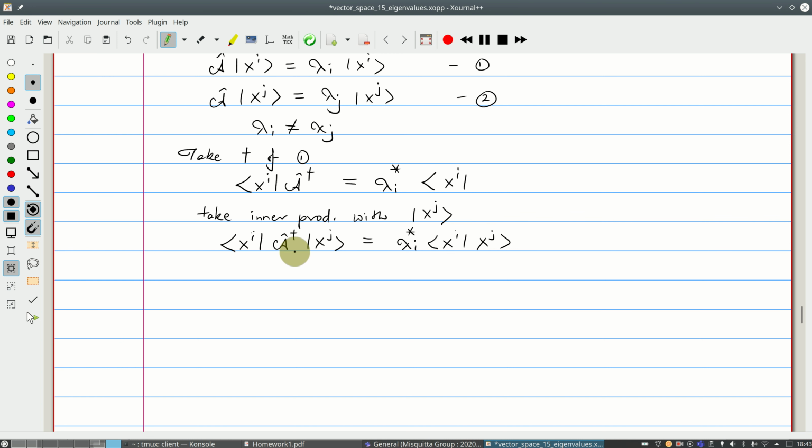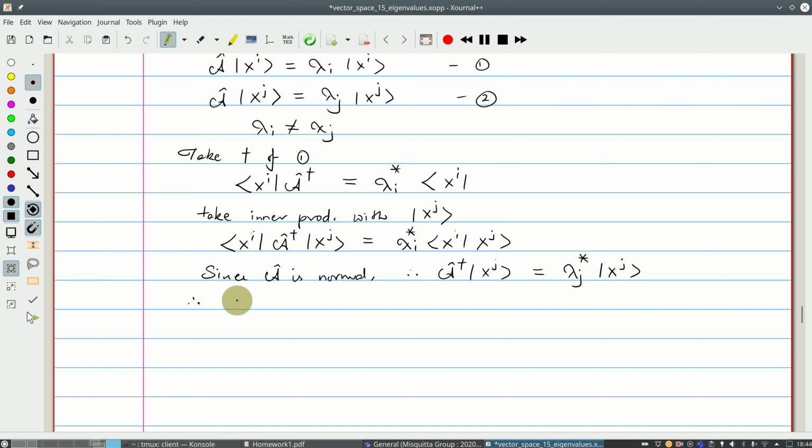Now, A dagger operating on xj: we know that A operating on xj gives us lambda j xj, and since A is normal, A dagger operating on xj is equal to lambda j star, the complex conjugate, times xj. So we can use that.